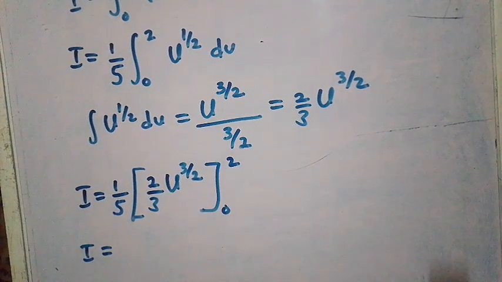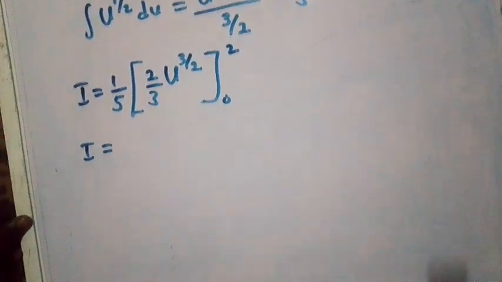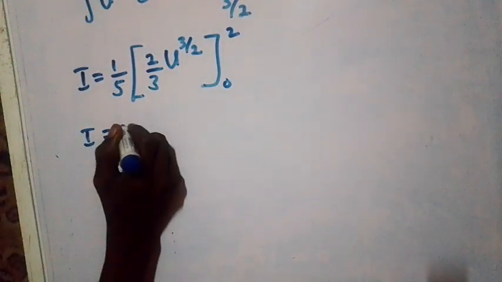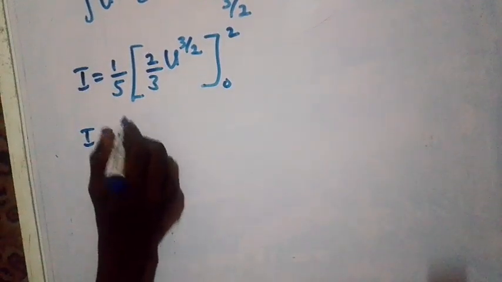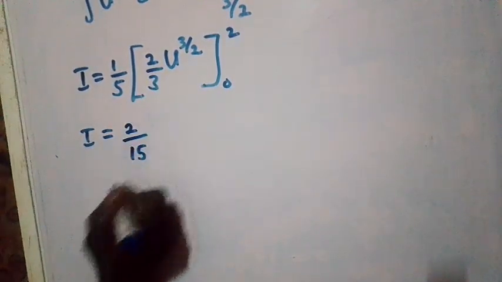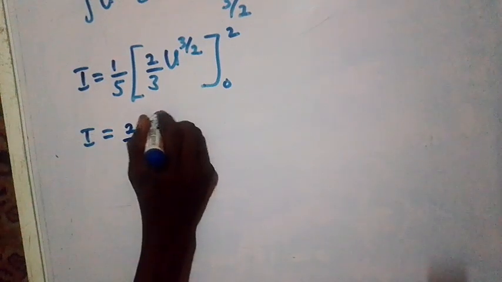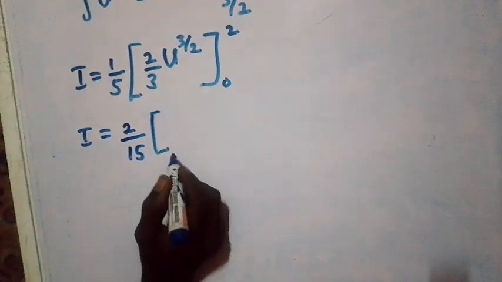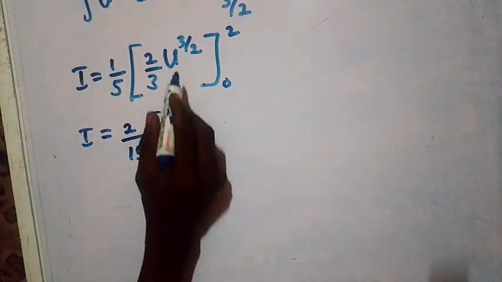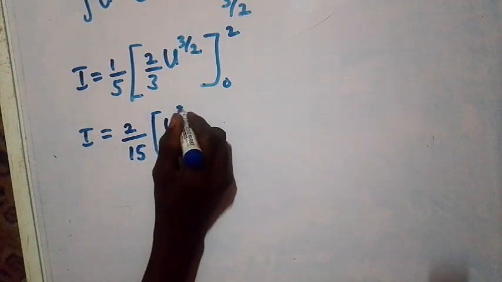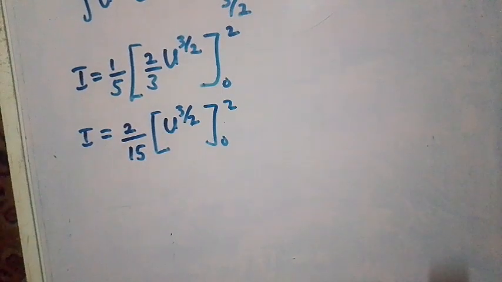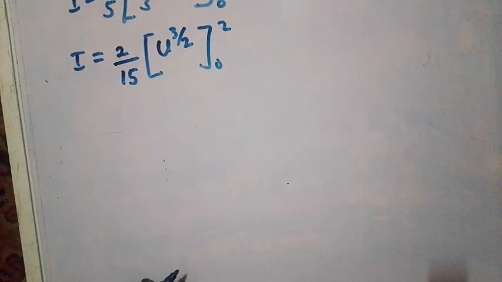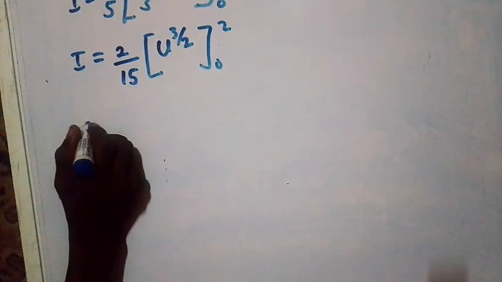I equals, let's open this bracket. 1 times 2, 2, 5 times 3, that is 15. Let's introduce this limit. We are left with u raised to the power 3 over 2, 0 to 2. I equals 2 over 15.